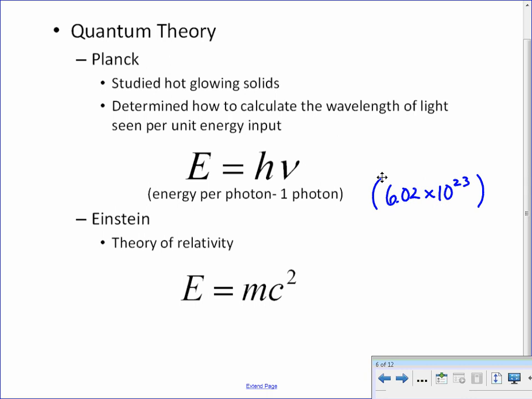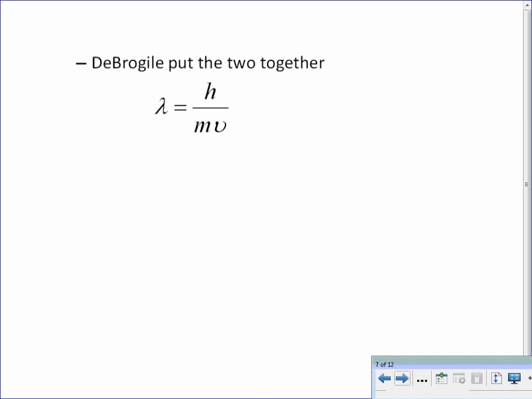And then we had de Broglie, who put those things together. And he said, hey, if E is equal to mc squared and E is equal to hv, well, how come mc squared isn't equal to hv? And they are. And then he replaced a couple of things. Instead of using specifically the speed of light, he used the velocity of the particle.